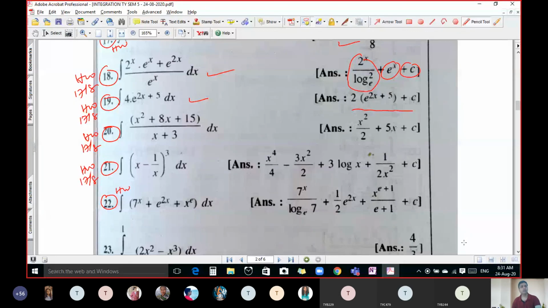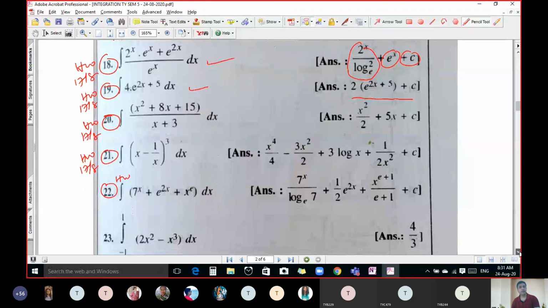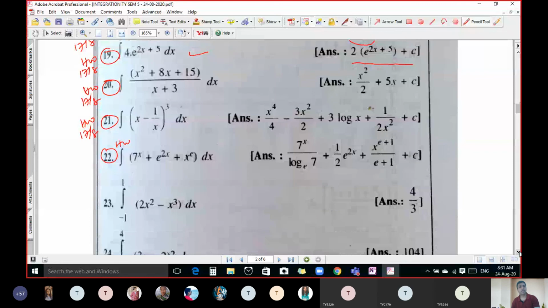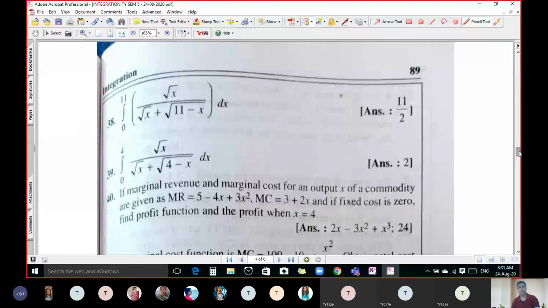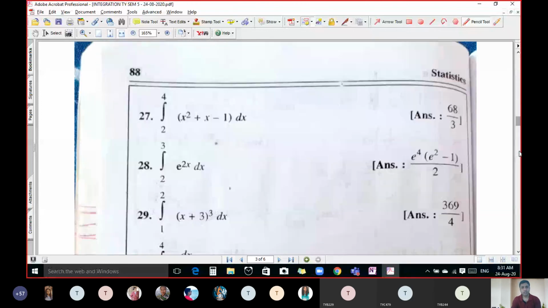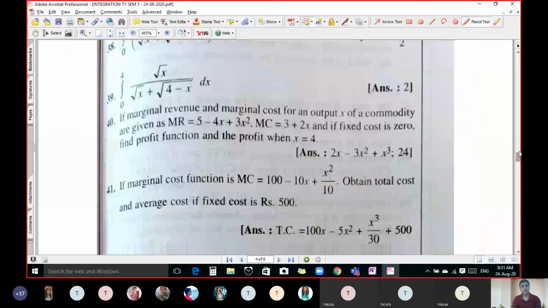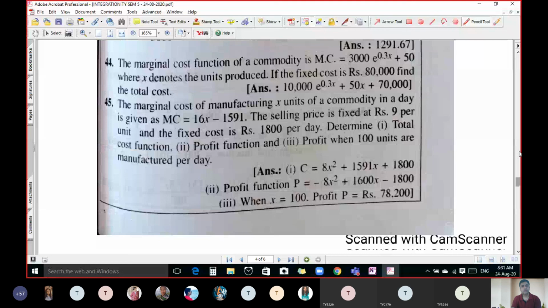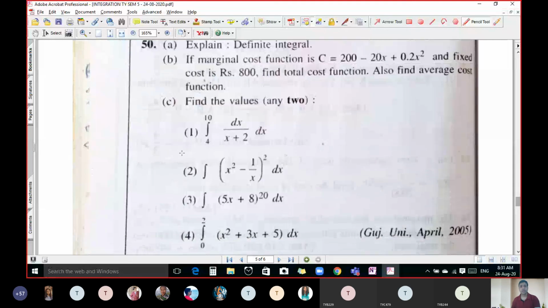So I think now it is enough for today because of time. Let us try, just try this 21 and few more questions. Let us try these questions also. This you can consider as your homework.